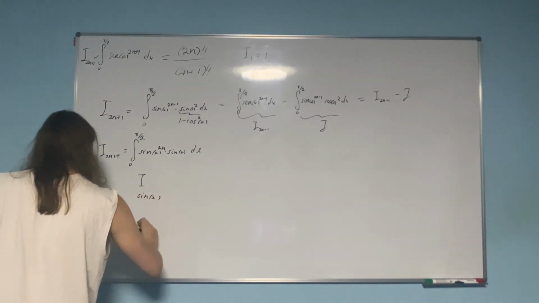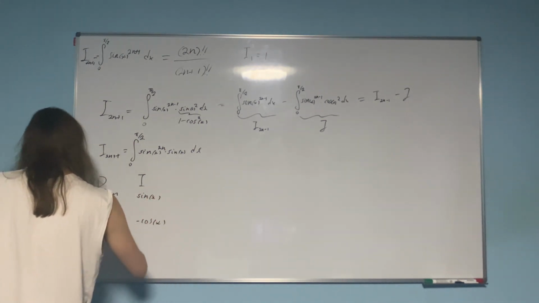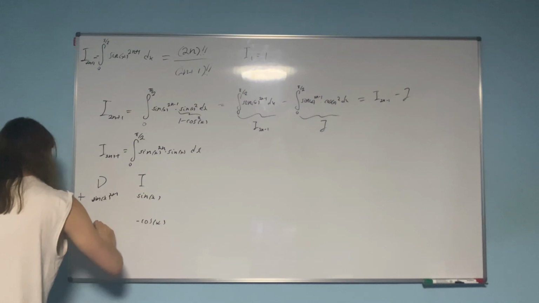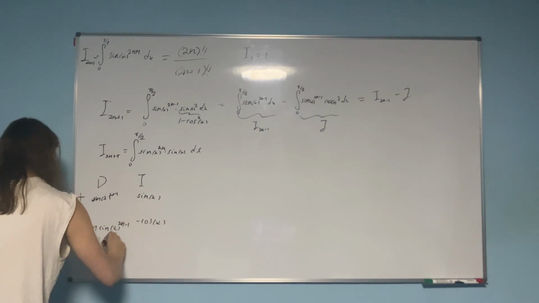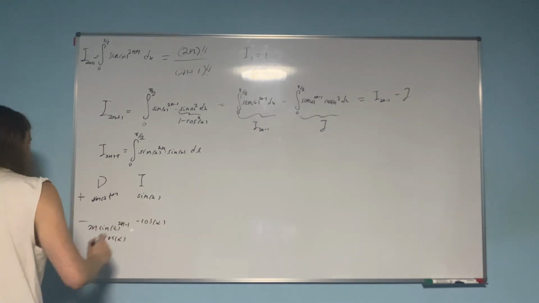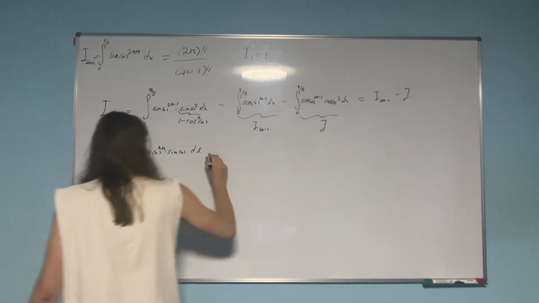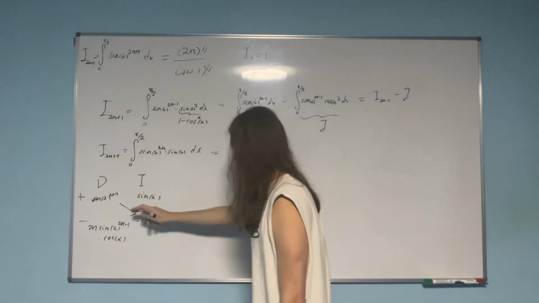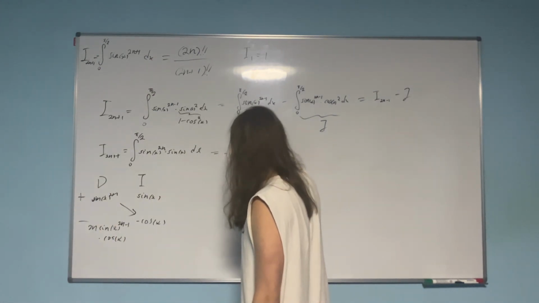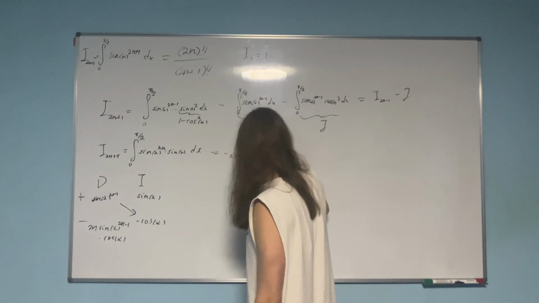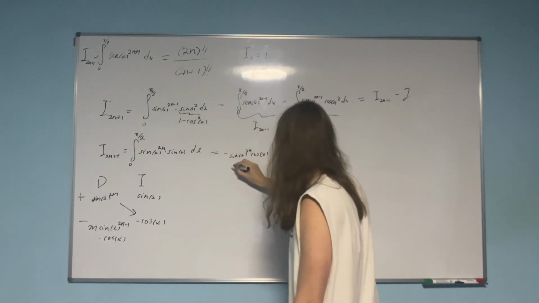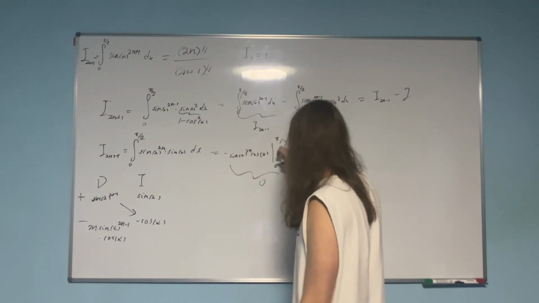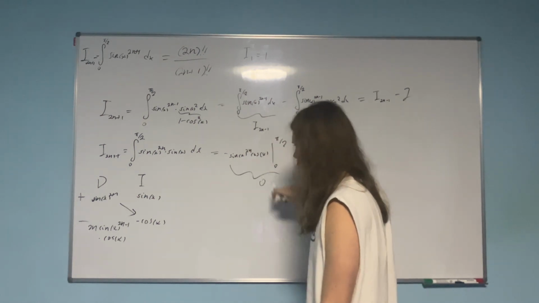Integral of sine of x is just minus cosine of x. The derivative of sine of x to the 2n is, by the chain rule, 2n times sine of x to the 2n minus 1 times cosine of x. So by parts we have minus sine of x to the 2n times cosine of x, evaluated from 0 to pi over 2, which by the way is 0 because cosine of pi over 2 is 0 and sine of 0 is 0.